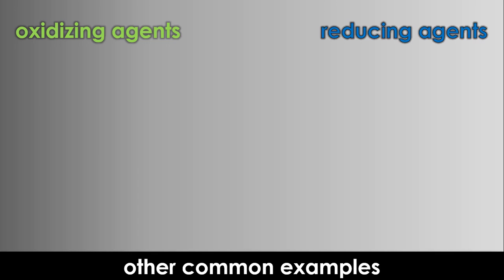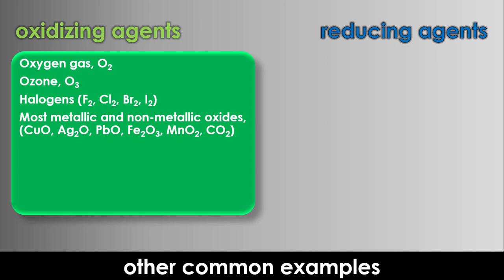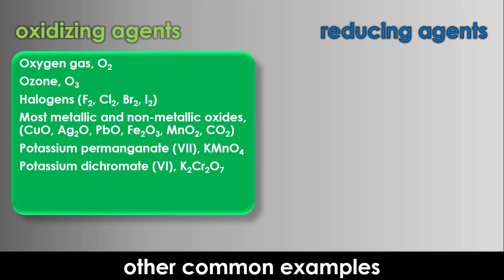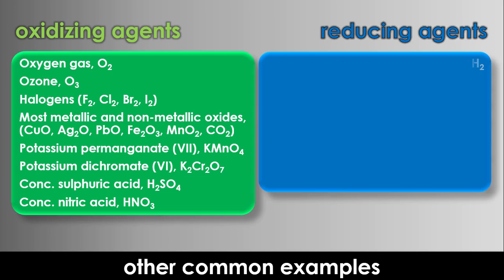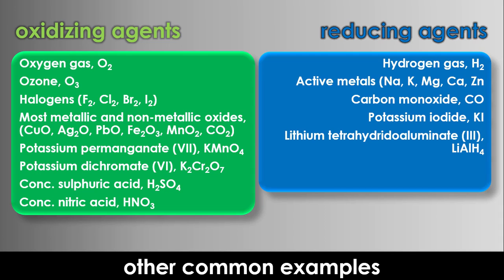Other examples of oxidizing agents include oxygen gas, ozone, halogens, most metallic and non-metallic oxides, potassium permanganate (KMnO4), potassium dichromate (K2Cr2O7), concentrated sulfuric acid, concentrated nitric acid, etc. Other examples of reducing agents are hydrogen gas, active metals, carbon monoxide, potassium iodide, lithium tetrahydroaluminate (LiAlH4), sodium tetrahydroborate (NaBH4), etc.